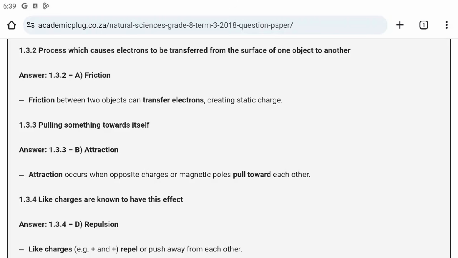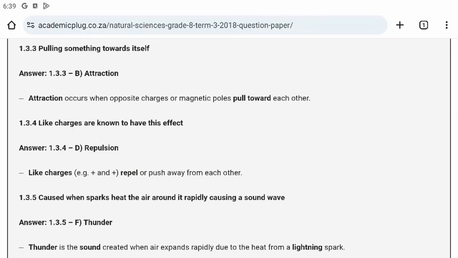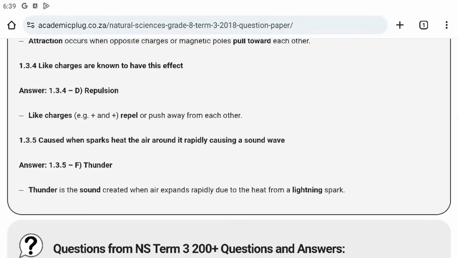Friction between two objects can transfer electrons, creating static charge. 1.3.3, pulling something towards itself. That's attraction. Attraction occurs when opposite charges or magnetic poles pull towards each other. 1.3.4, like charges are known to have this effect, which is repulsion. For example, plus and plus repel or push away from each other.